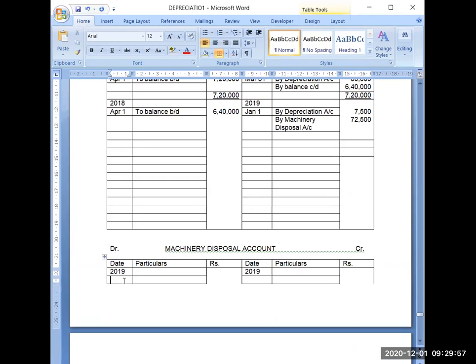Here the entry will be on January 1 to machinery account. Now the amount will be 72,500.